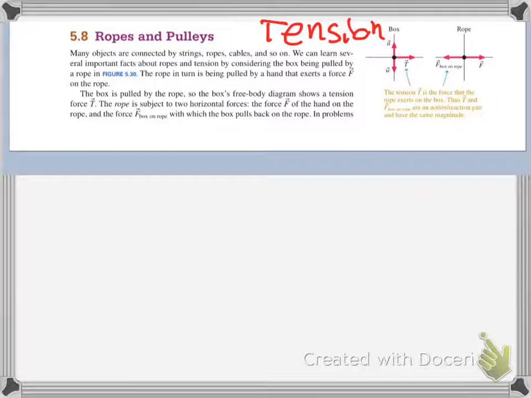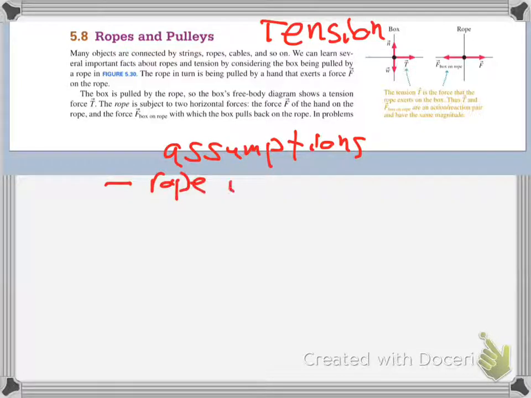And there's a few really key points here for this class. So we're making a lot of assumptions here. The first one is that the rope, cable, or whatever is massless. In general, string has a very, very small amount of mass, so we're going to make that assumption.